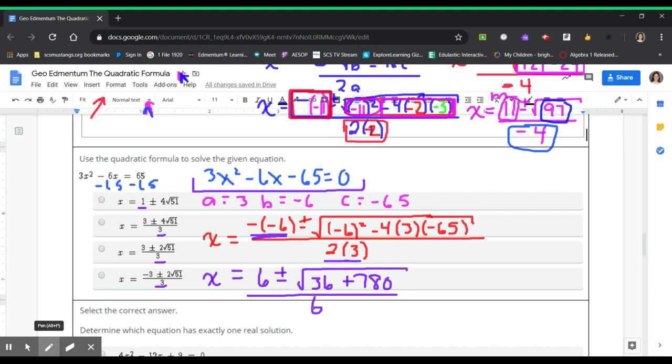Then if we simplify from there, 36 plus 780 is going to give us 816.